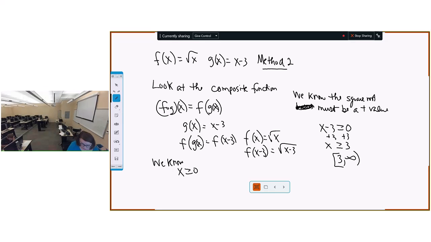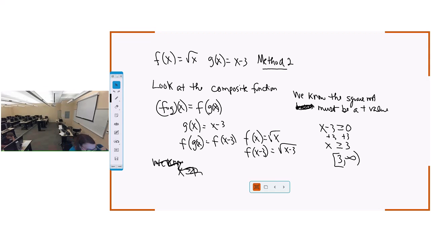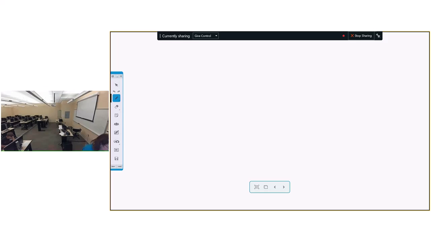The domain of the composite function is here. Okay? I'm done with that. This was on a different problem. Okay, so you can do it either way, method 1 or method 2, whichever works for you.